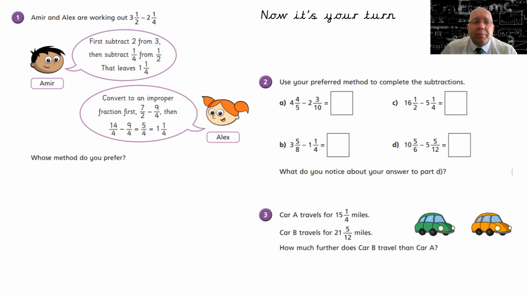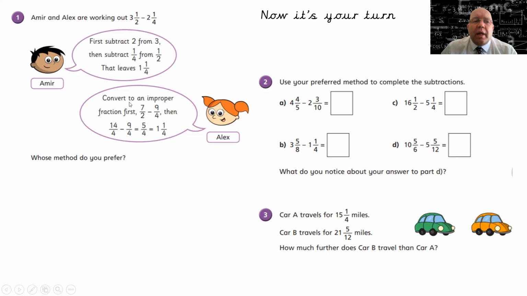Now, this is totally personal choice, guys. What I would say is that if you convert to an improper fraction, you will always be able to do the calculation. If you do it as the part whole, it only works when the first fraction is bigger than the second fraction.